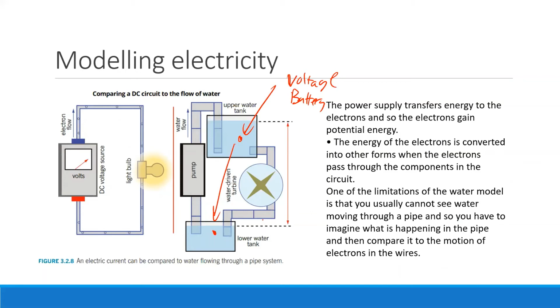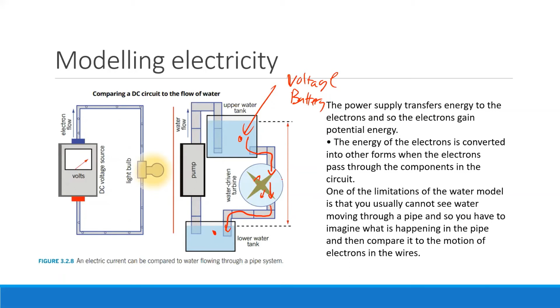Or we could force it to do something for us. So instead of letting the water just flow out into the bottom tank, we're going to get that water to go through a pipe. As it goes through the pipe, it might turn this turbine, this little pinwheel thing here, and make it go round.